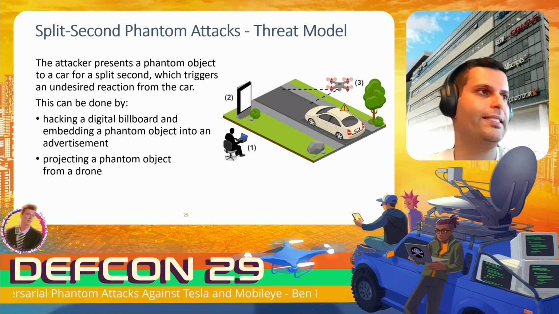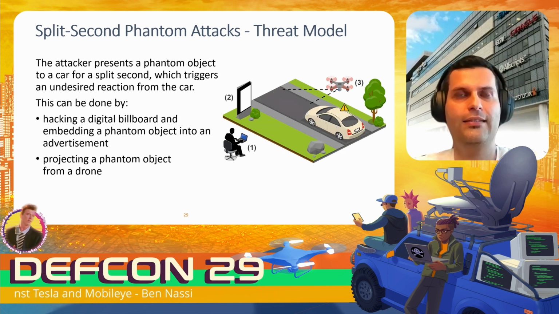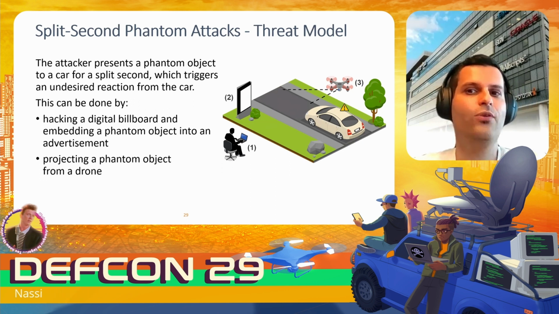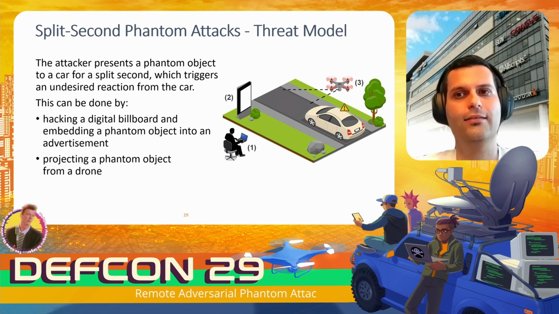This is DEFCON, and I think that some of you are familiar with the attacks that were already demonstrated at DEFCON. It was already demonstrated at DEFCON how easy it is to hack this type of billboard. You can find them.